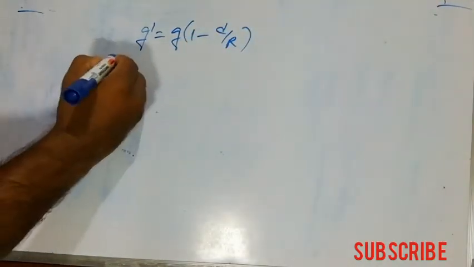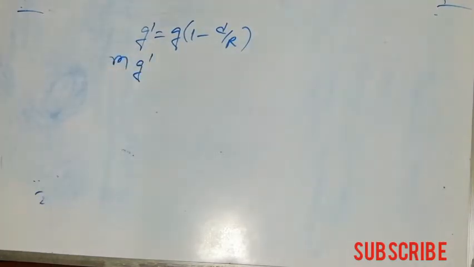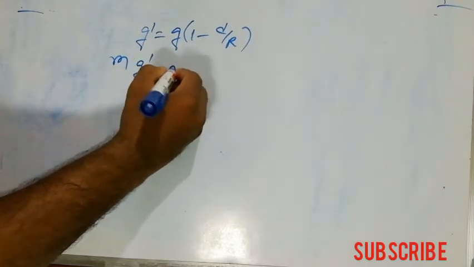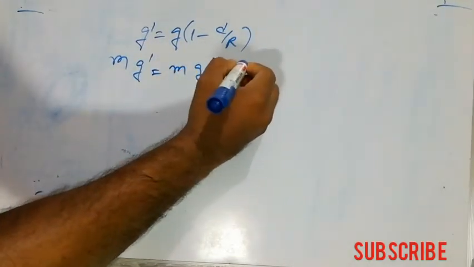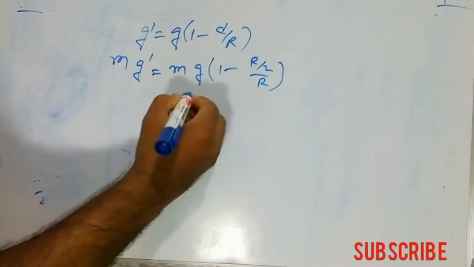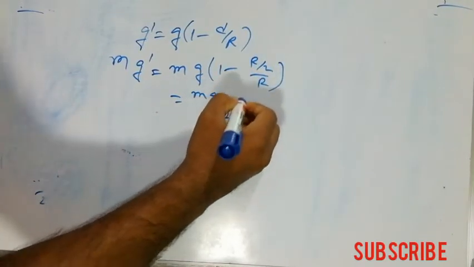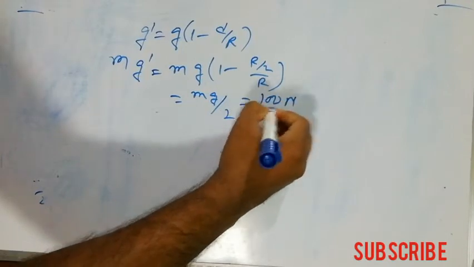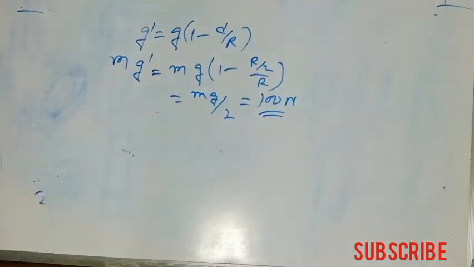So the weight of the body when it is halfway down to the earth is equal to mg into (1 minus (R by 2) by R). So that is equal to mg by 2. So the answer becomes 100 Newton. The option is option 4.